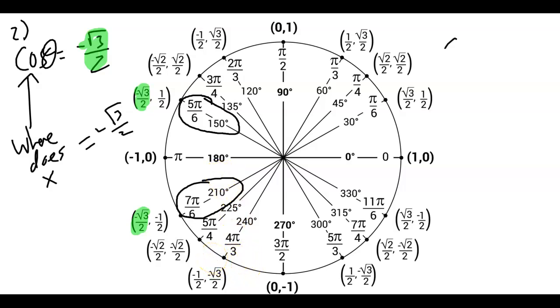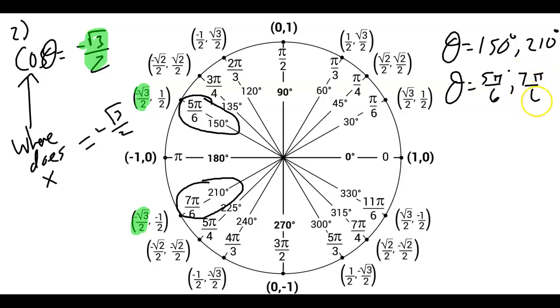And so we could state the answer in degrees, which would be 150 degrees and 210 degrees. Or we could state it in radians, and that would be 5 pi over 6 or 7 pi over 6. Okay?